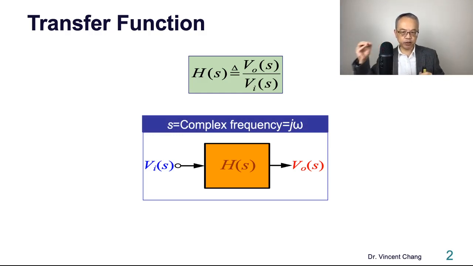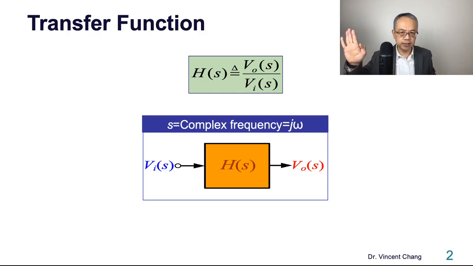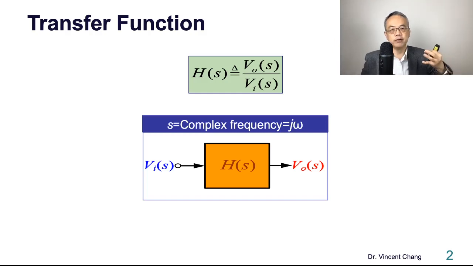So complex frequency equals j, imaginary j, times omega. Omega represents, you want to take note, the physical frequency. So again, S represents the complex frequency and omega represents the physical frequency.